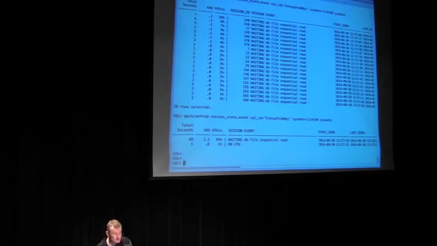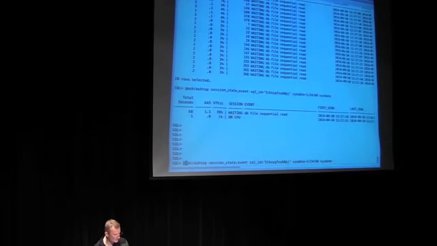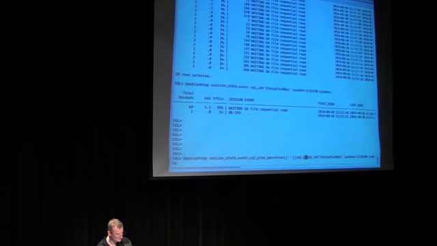ASH, since 11g, has new columns called SQL plan operation, and let me add SQL plan options. And I'll put it into double quotes again because there is a space in there.